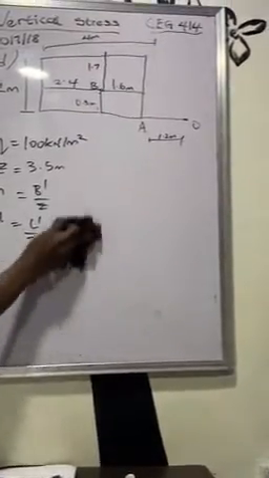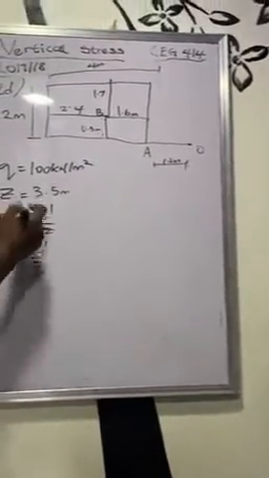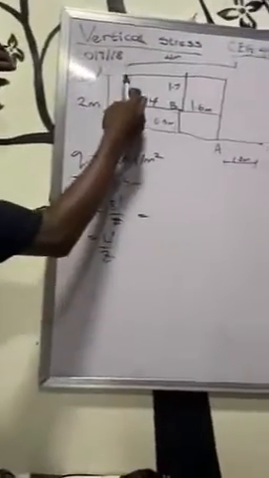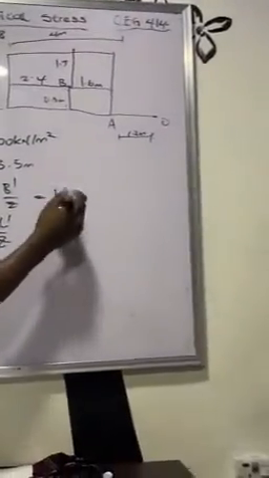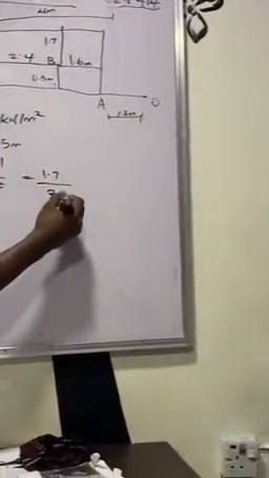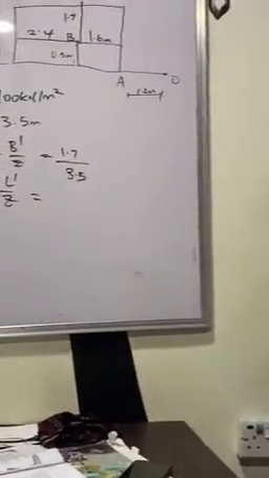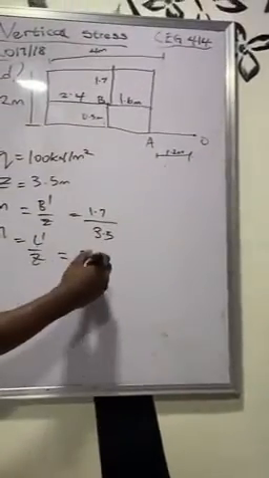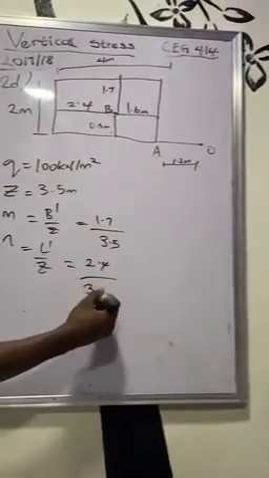So for this tutorial, let's use B for M. So here our B prime for the first rectangle is going to be 1.7. Our Z was given as 3.5 meters. For the L prime, our L prime here is going to be 2.4, and our depth is the same, 3.5. Depth does not change.